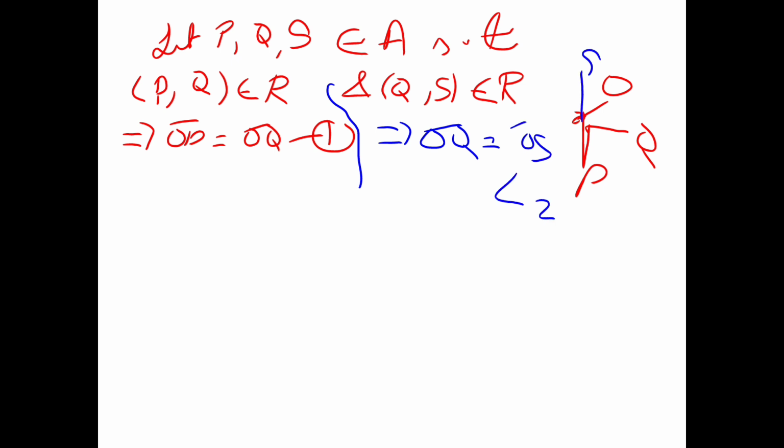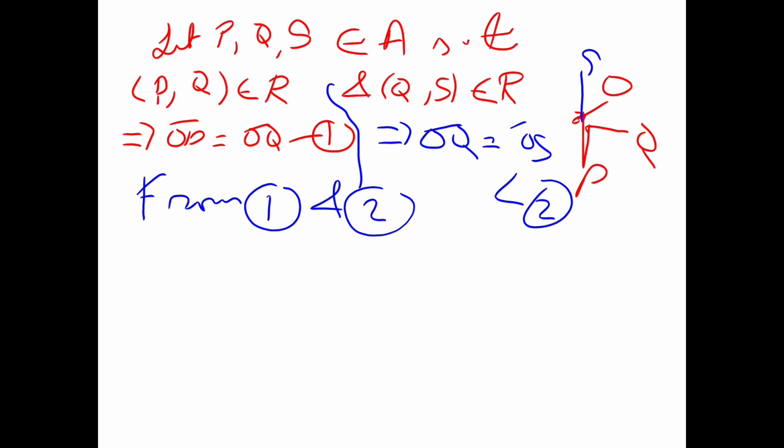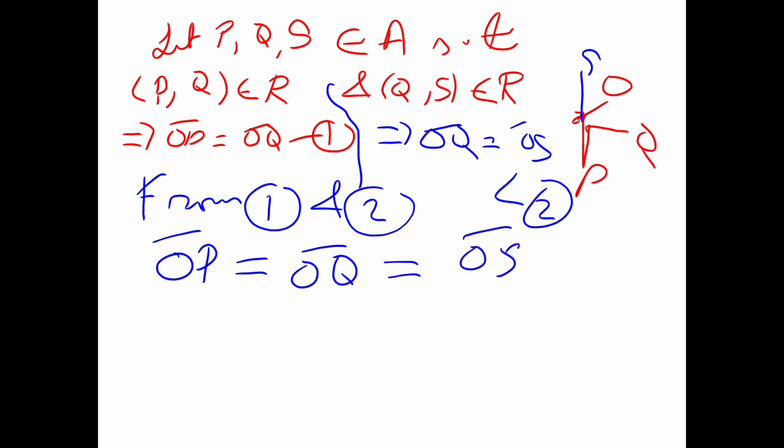These are equation 1 and equation 2. From 1 and 2, distance of P from origin is equal to distance of Q from origin is equal to distance of S from origin. That means the distance from P to Q equals the distance from Q to S. That means P to S distance is equal.